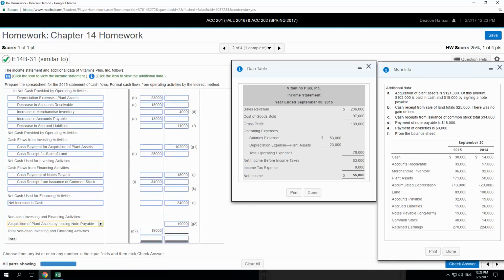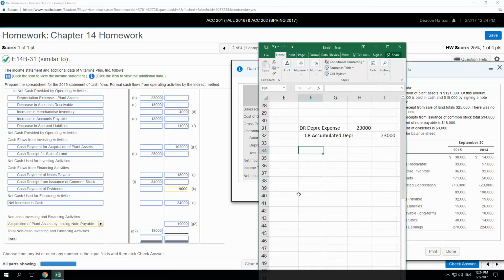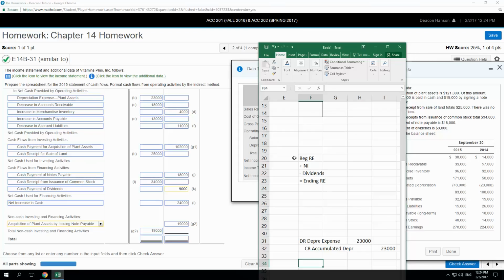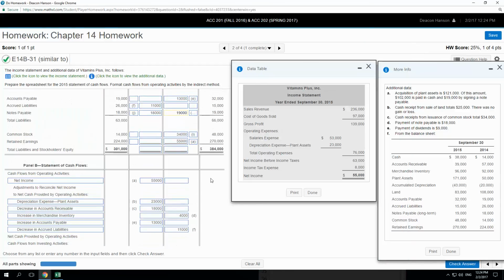Okay. So financing activities, one more item. It says payment of dividends, 9,000. So we can put in a payment of dividends, 9,000. Now remember, on our retained earnings statement, dividends decrease retained earnings because beginning retained earnings plus net income minus dividends gives us ending retained earnings. So really this 9,000 dividend amount should show as a debit to the dividends account, 9,000.